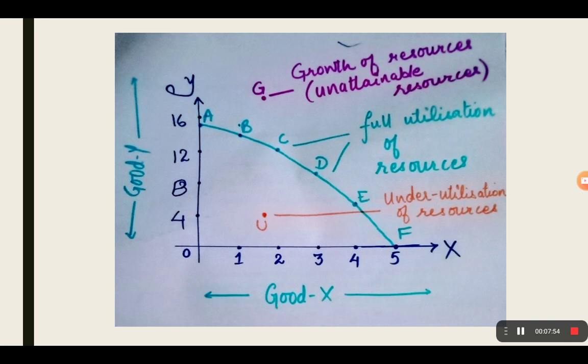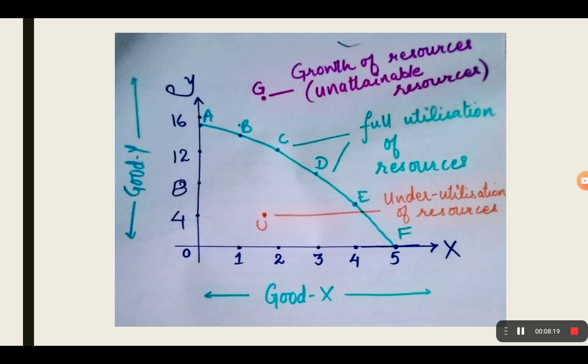Then, any point lying inside the PPC. You can see in the diagram, we have a U point inside the PPC. This is the point of underutilization of resources. It says our resources or technology are not efficiently or properly utilized.